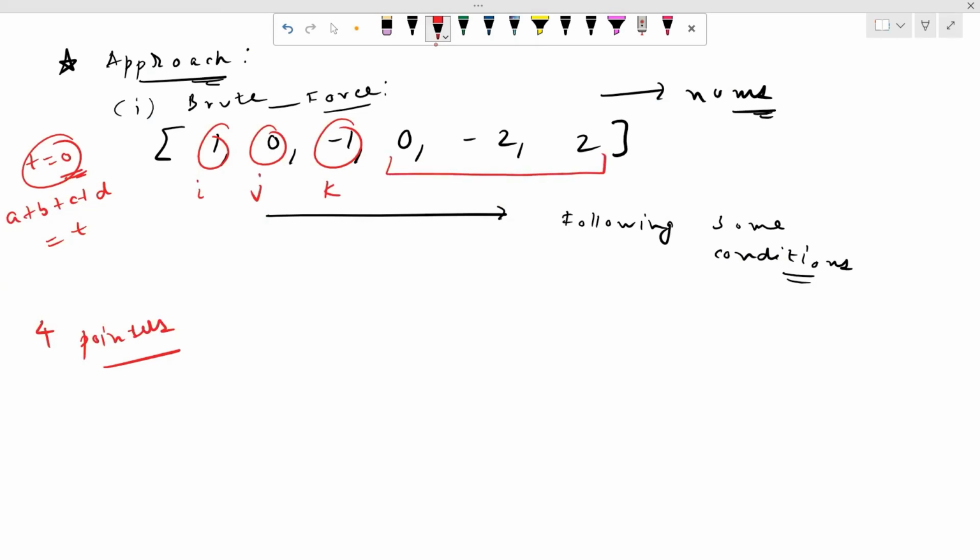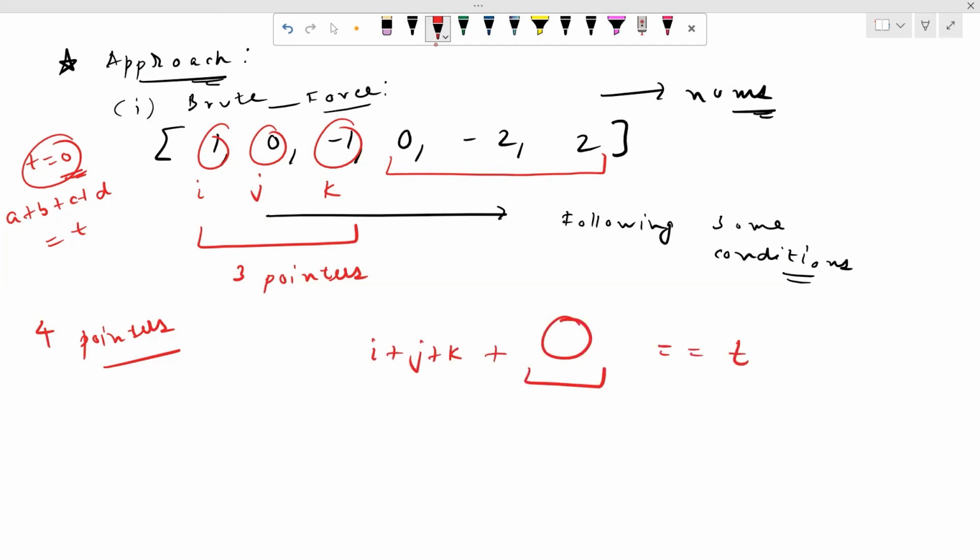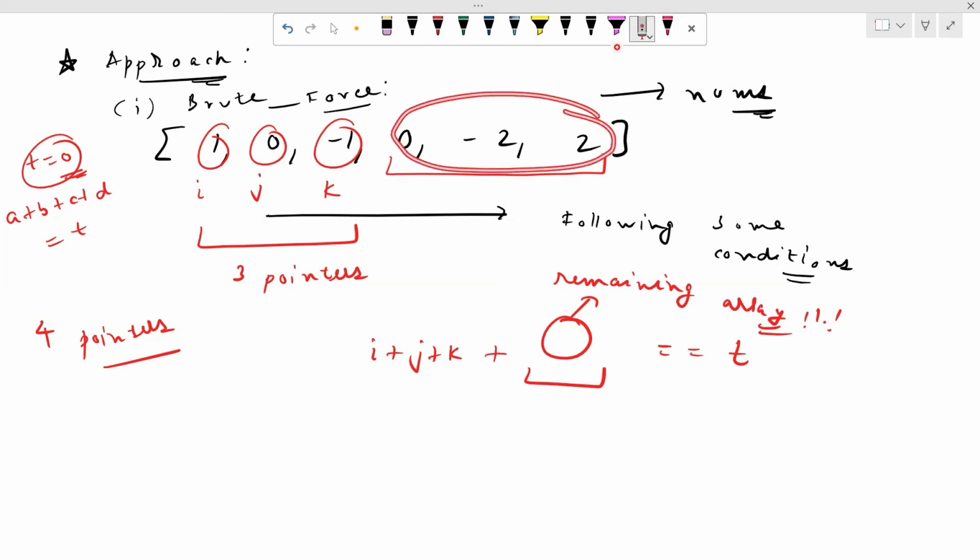First of all, we'll try to fix the first three pointers and just calculate the sum I plus J plus K. And we'll try to find the fourth element such that their sum will be equal to the target value. This element can be found from the remaining array, right? From this array, we can directly find the L. Let's mark this element.